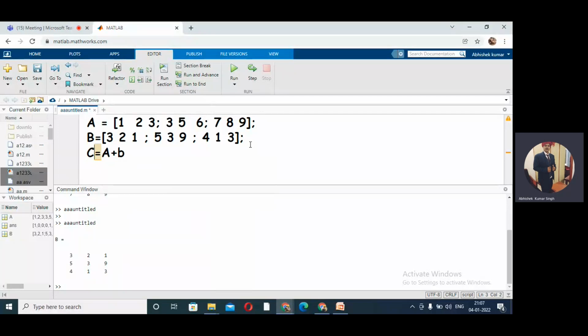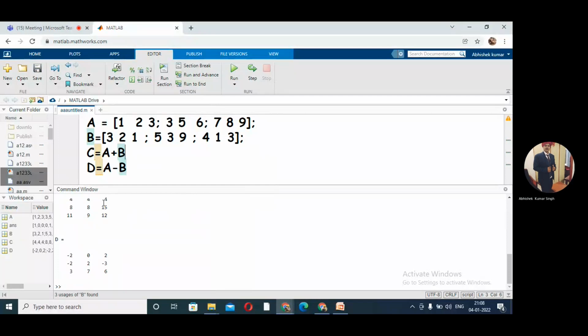In the same way we can have D equal to A minus B. Okay, so you can see the C and D matrices. Yes, the C matrix is 4 4 4, and A minus B is the D matrix. You can see that. Fine.